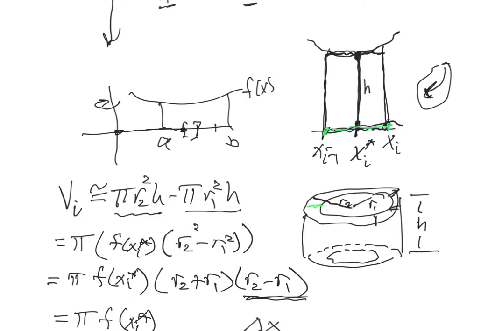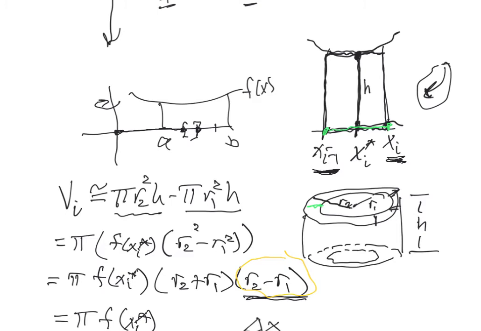That is, it's xi minus 1. And the outer radius is the distance from the origin to the end of our subinterval. That is, it's xi. And on this term right here, r2 is xi, r1 is xi minus 1. That's where we got our delta x.